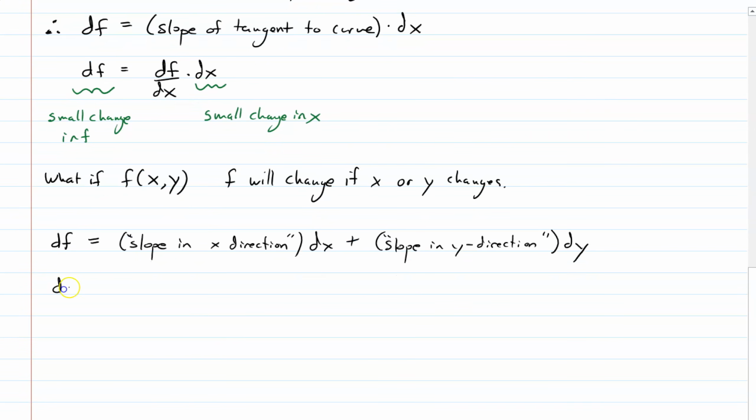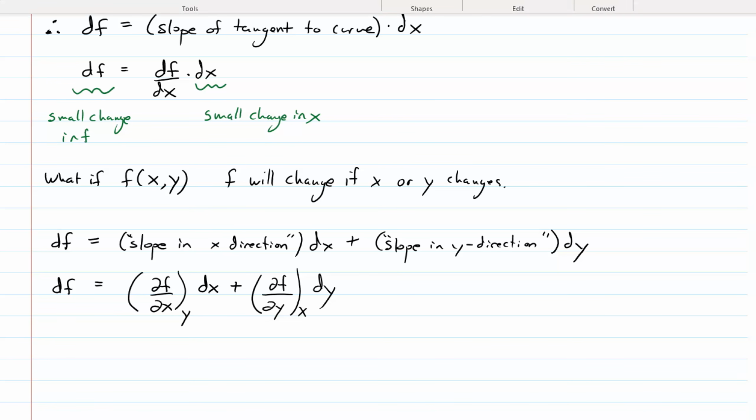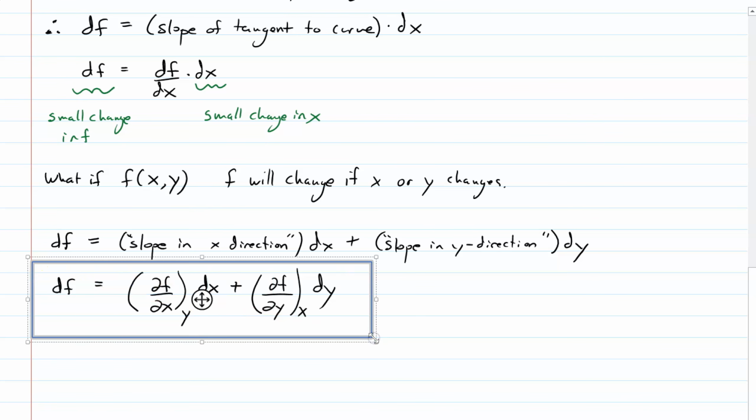So we write this equation here, df, small change in f, is partial f partial x, keeping y fixed, dx, plus partial f partial y, keeping x fixed, times dy. Okay. So this relationship here is really important, relating the change in the function, df, to the change in the variables it depends on, dx and dy.